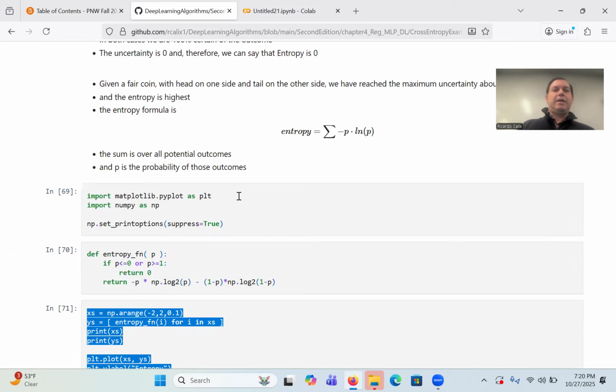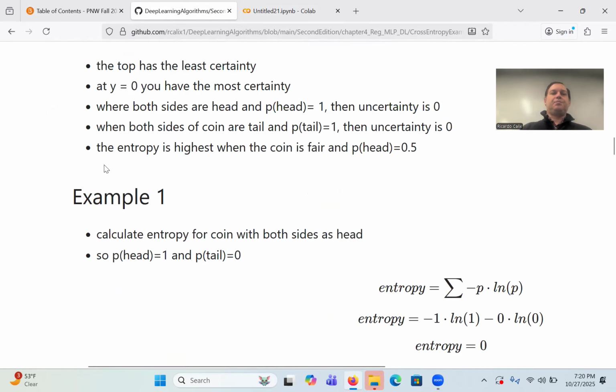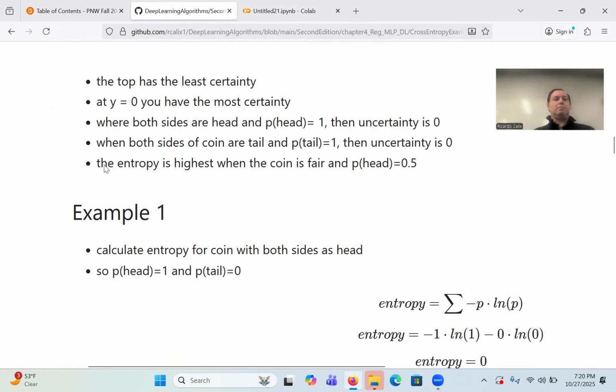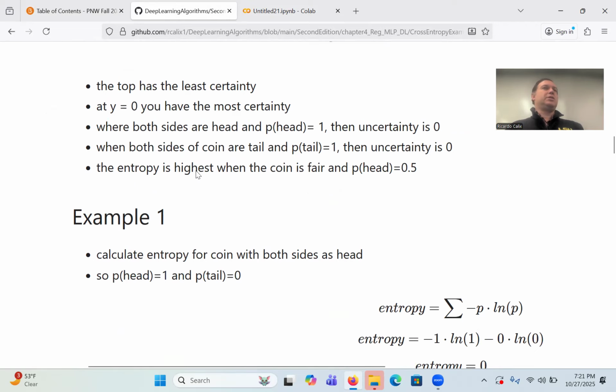So we summarize the results a little bit so we can see. The top has the most certainty, actually. No, it's least certainty, which is uncertainty, right?